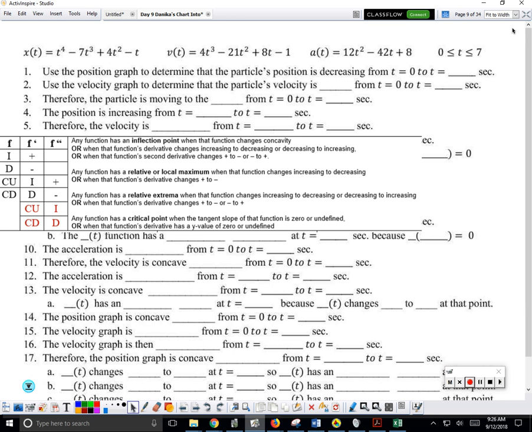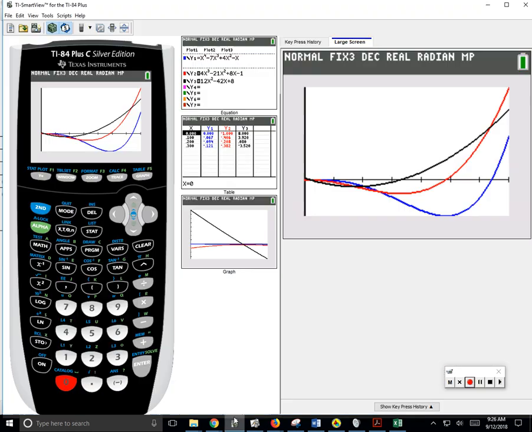It says, use the position graph to determine that the particle's position is decreasing from time equals 0 to time equal blank. On the calculator, the position graph is blue. It's a little hard to tell what's happening in this region with the position graph, so I'd like to see better in this window. So I'm going to window from 0 to 1. Let's see what I get.